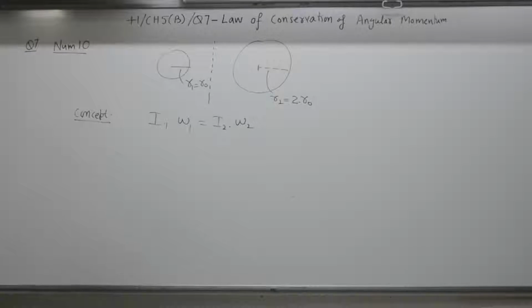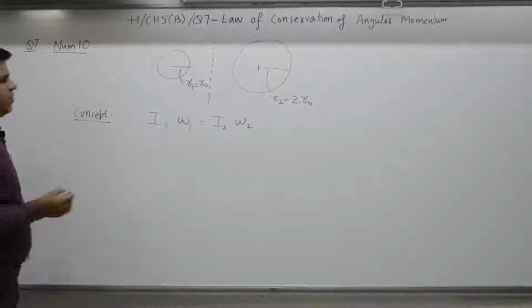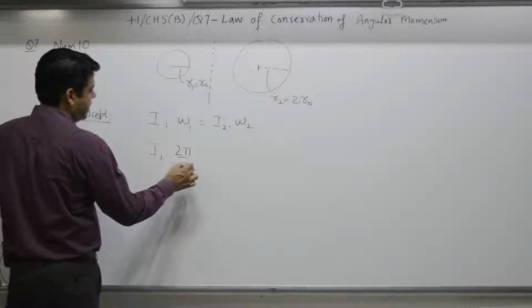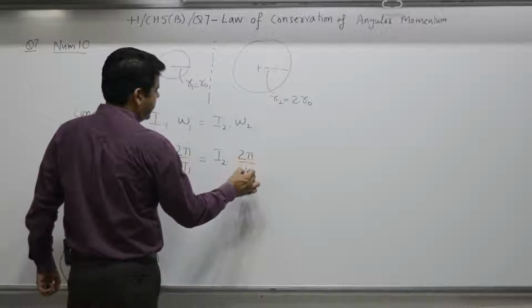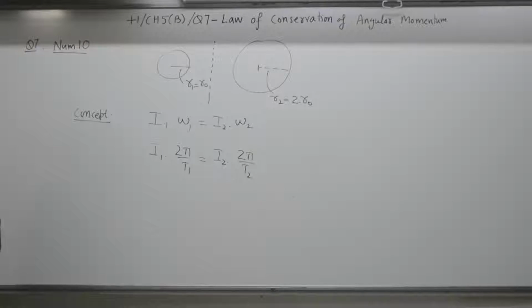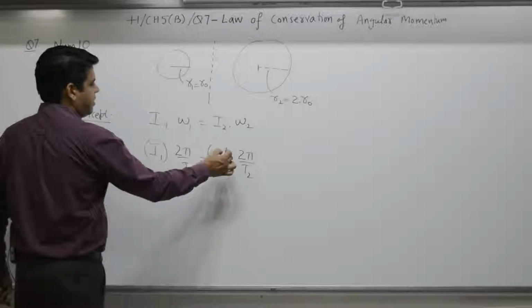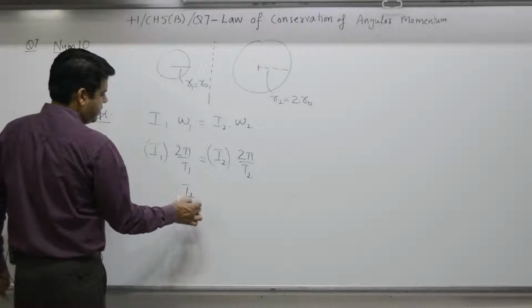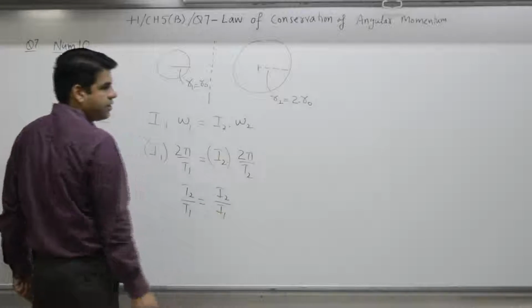Omega can be written in terms of time period. Yes. I1 omega 1, 2 pi by T1, is equal to I2 2 pi by T2. So the ratio T2 by T1 is equal to I2 by I1.